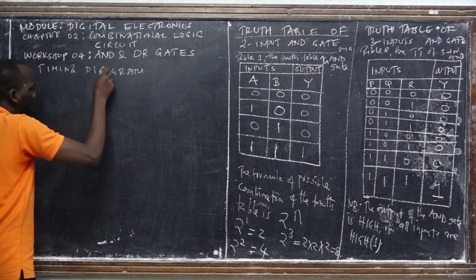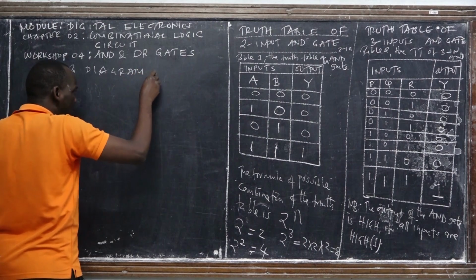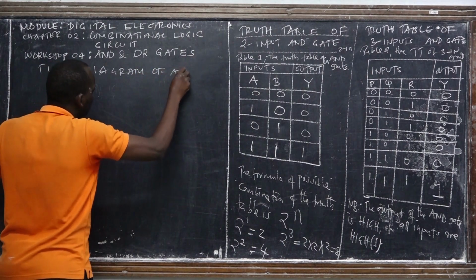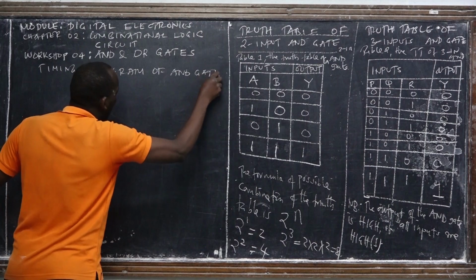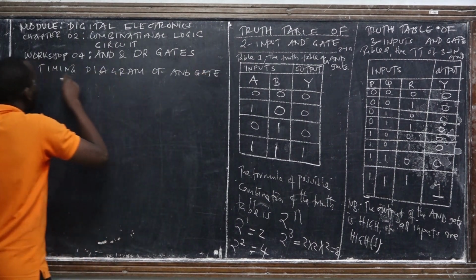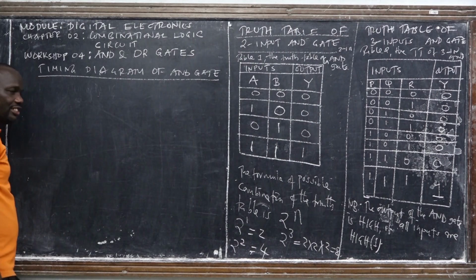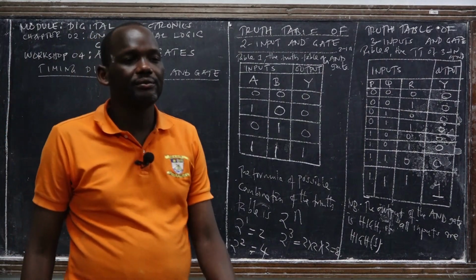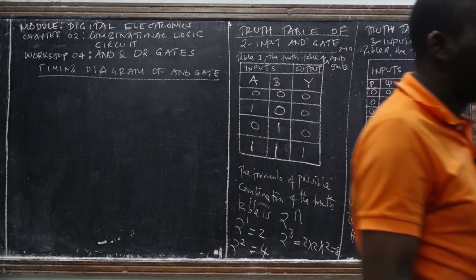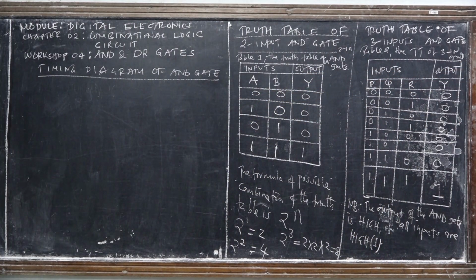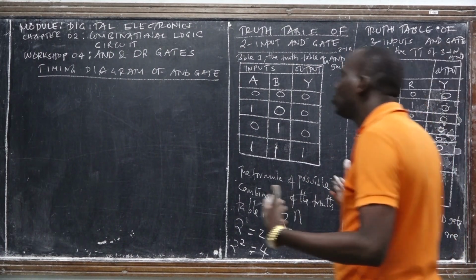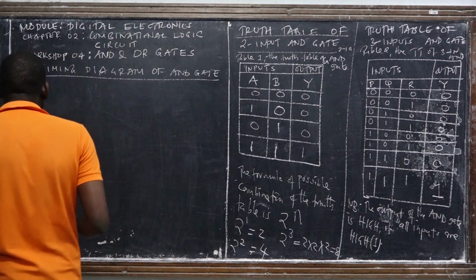Say timing diagrams of AND gate. Timing diagrams means these are the graphs of the logic gates. These graphs, we define them according to time.